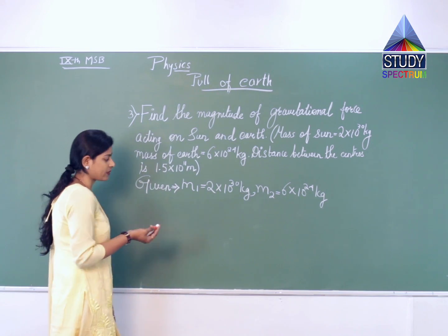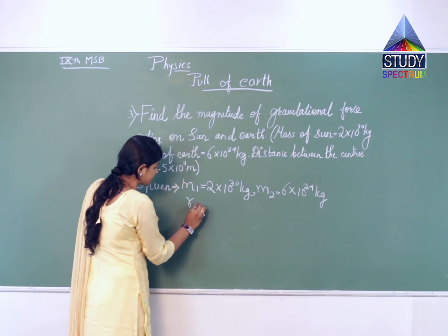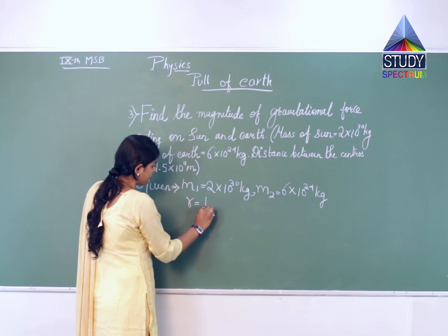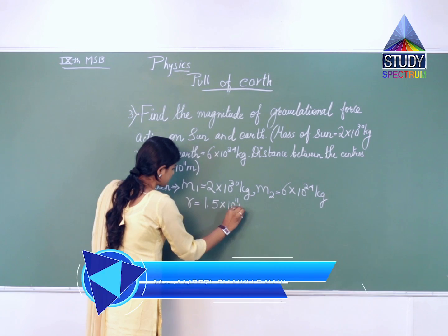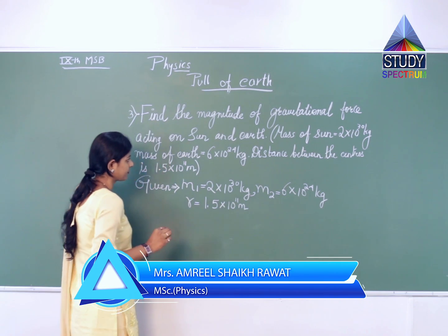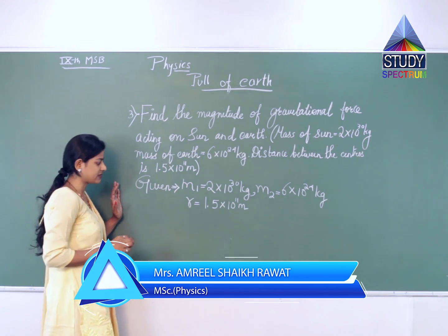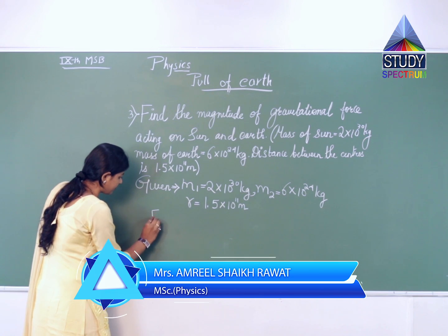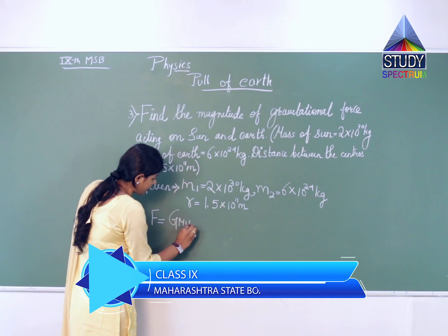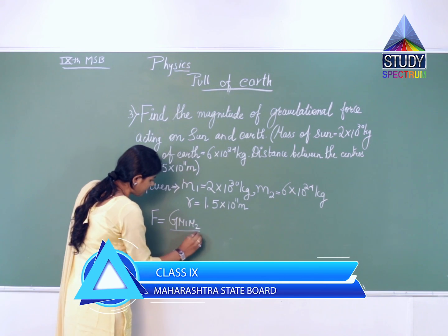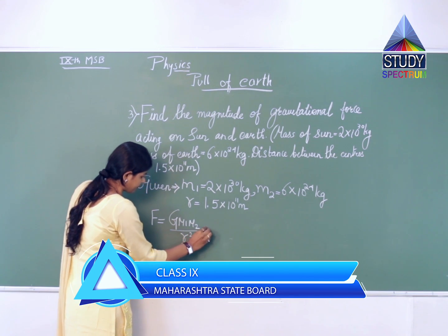Now the separation between them, or the distance between them, that is r, is 1.5 into 10 raised to 11 meters. We have to find the gravitational force, so we will write the formula first. F is equal to G m1 m2 upon r square.